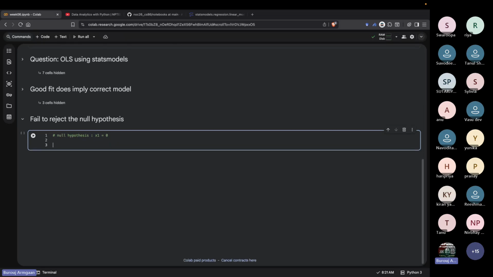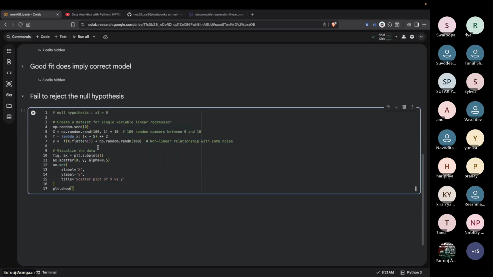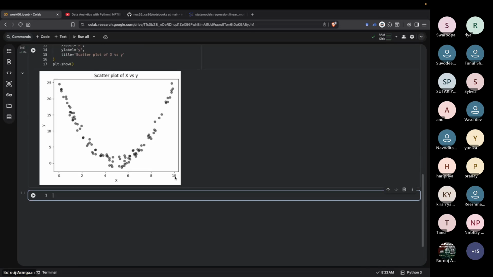Suppose we have a data set that looks something like this. You would notice that this is clearly nonlinear. It is a parabolic-shaped data set. Suppose we were to fit a linear model on this, let's see what we get.